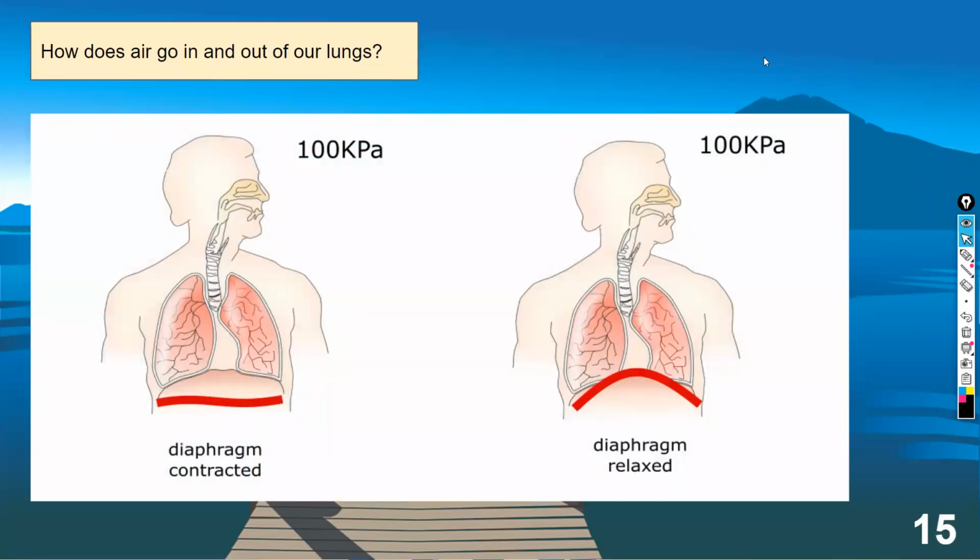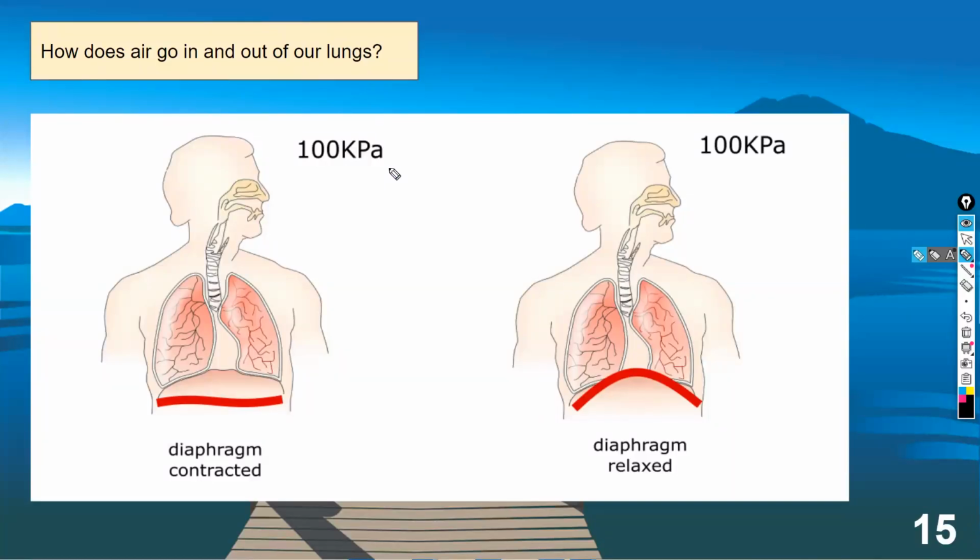Our atmosphere, where you are sitting right now, there's an atmosphere around you. There's an atmosphere around the earth. Now, the atmosphere itself has air in it. Obviously, that's where we get our air from. Our atmosphere has a certain pressure.